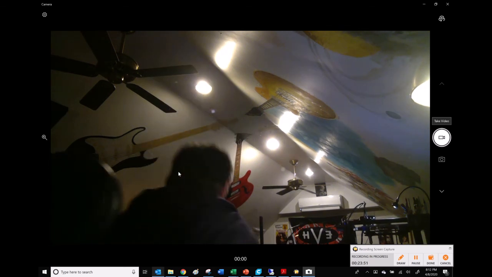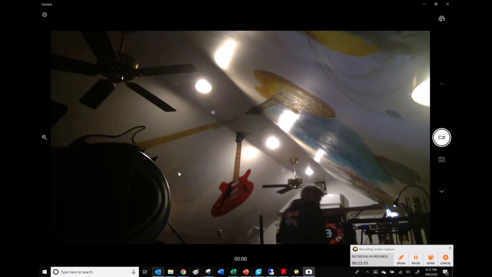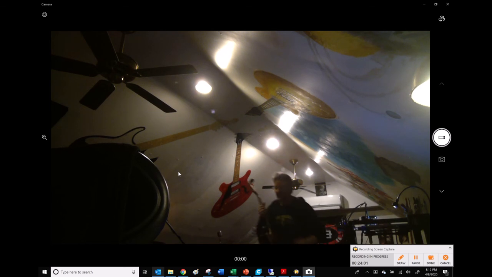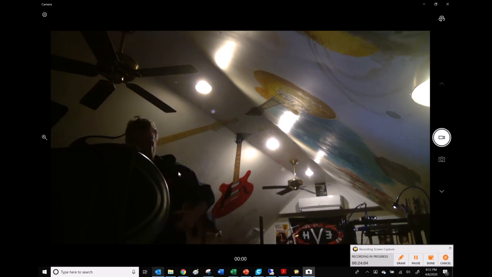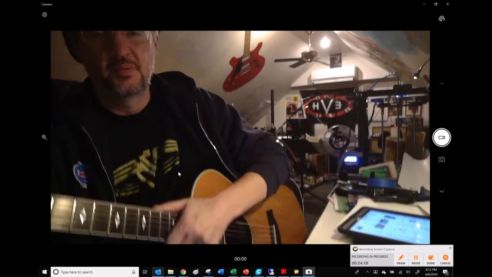So let's see. Well, he's sitting out, so we're gonna bring in the Taylor again. So I probably have shown the Taylor before, but it's such a great guitar. I mean, this is my go-to baby. This is my baby.